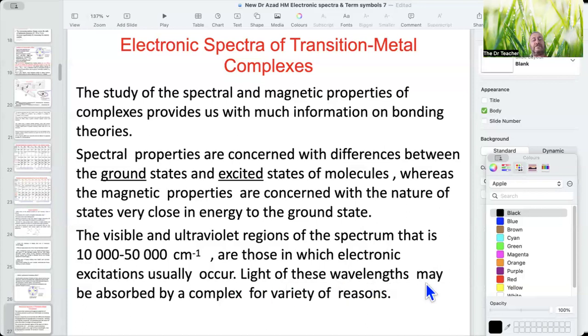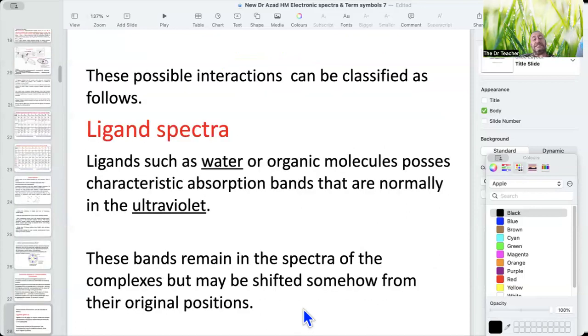Light of these wavelengths may be absorbed by a complex for a variety of reasons. There are ligand spectra: every ligand has electrons, so we can find spectra for such a ligand. Water can absorb bands normally in the ultraviolet. These bands remain in the spectra of the complex, but may be shifted somewhat from their original positions.